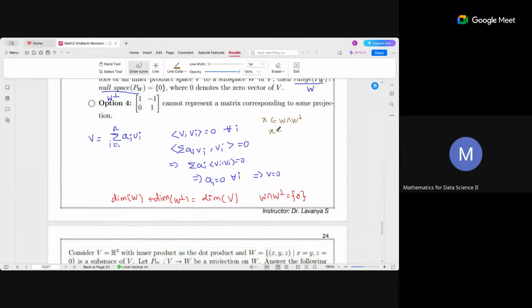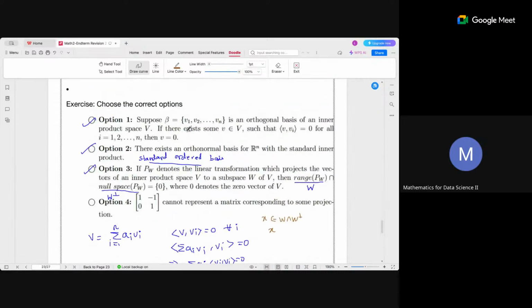Take some basis of W. Then X is orthogonal to all vectors of W, and it is also in W. X belongs to W perp means X is orthogonal to all vectors in W. In particular, it is orthogonal to some orthogonal basis of W. So you can say X is 0 from this statement again. Yes. Fine.